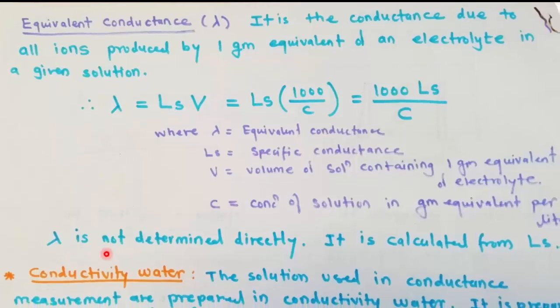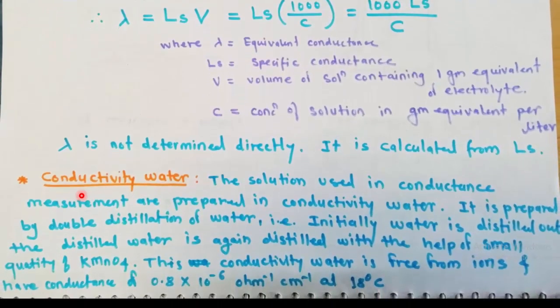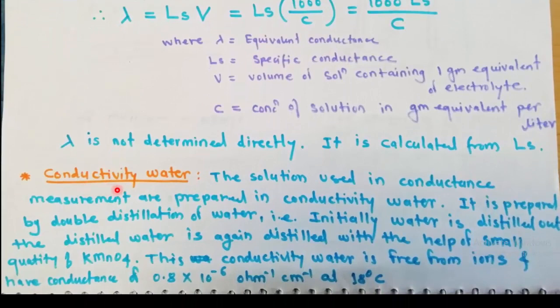Second concept of electrolytic conductance is conductivity water, or it is also called conductance water. Now what is the conductance water? The solutions used in the conductance measurement are prepared in the conductivity water.